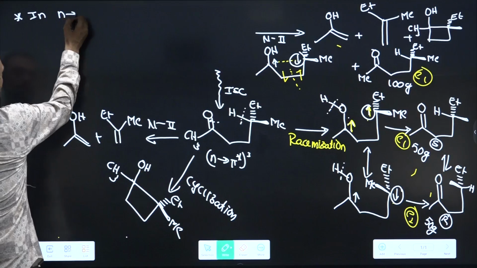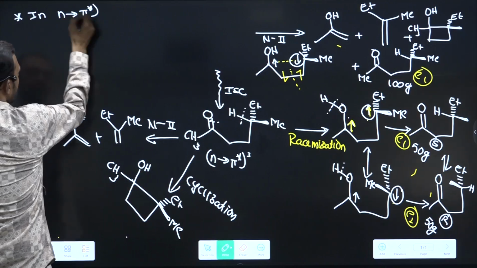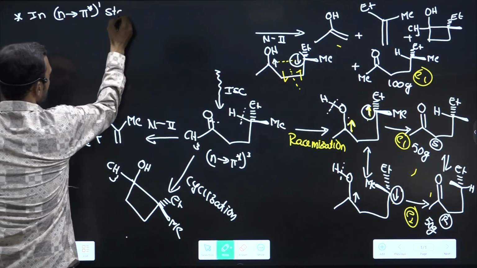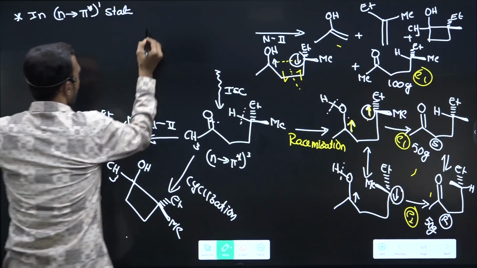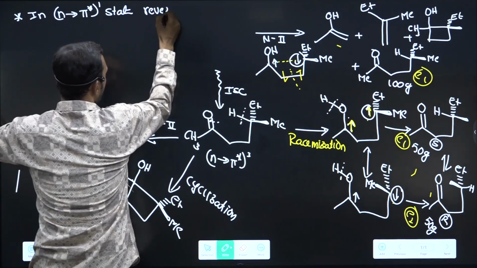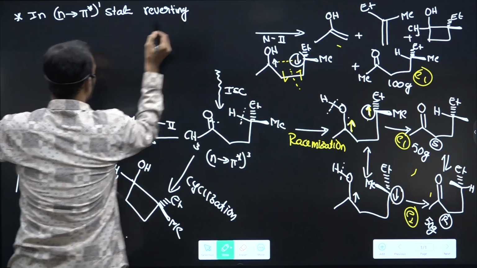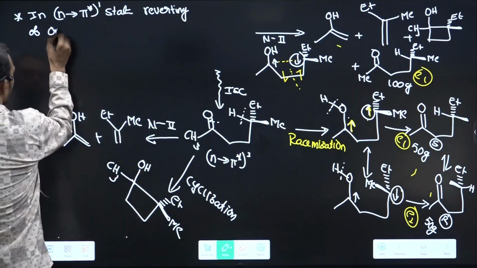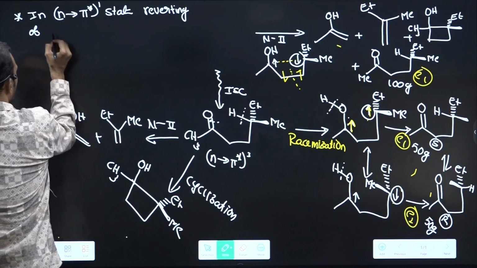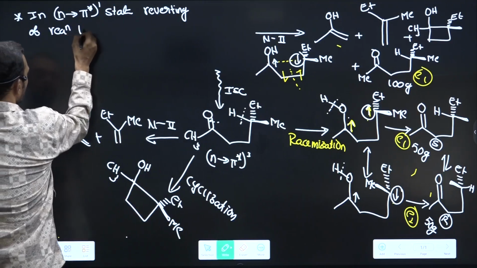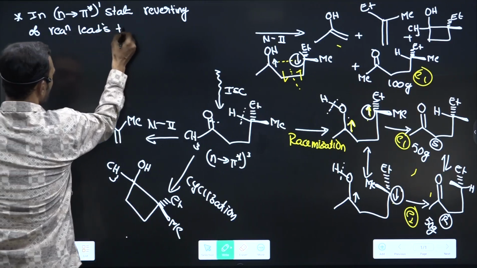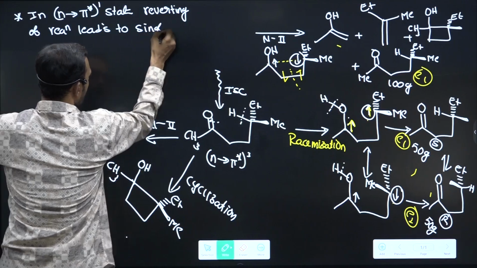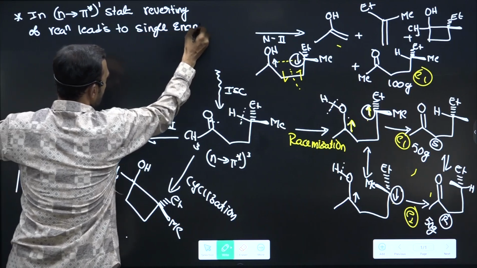So here you write, in n to pi star singlet state, reverting of reaction leads to a single enantiomer.